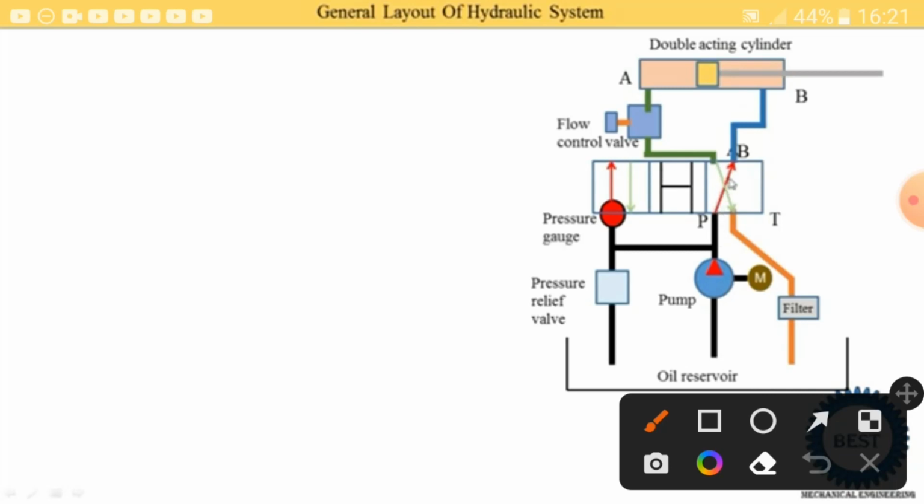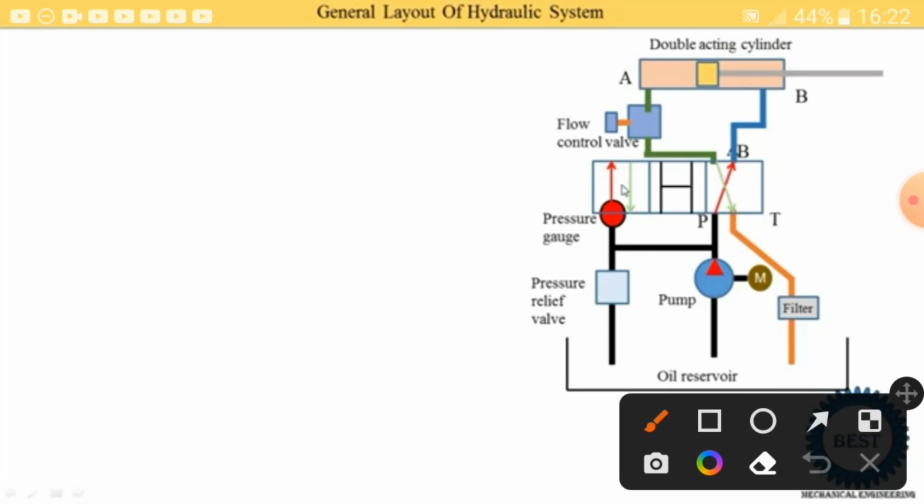From the P port, oil goes to the B port, then to the B side of the actuator, so this piston moves from the right side to the left side. The oil present on the left side of the piston is supplied to port A, and from port A it goes into port T and into the reservoir. So I hope your concepts are clear.